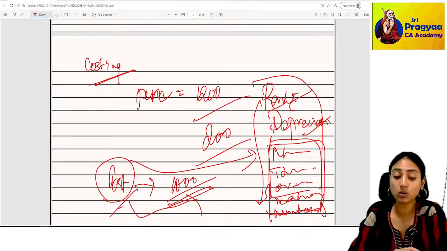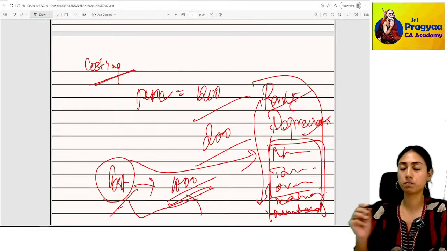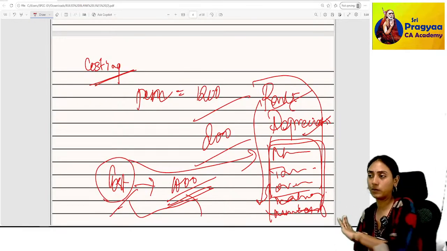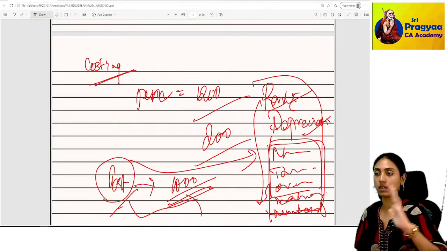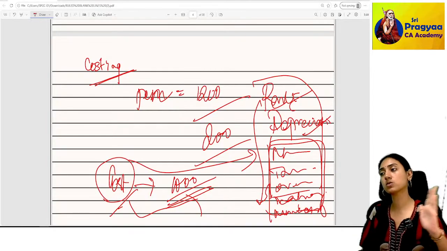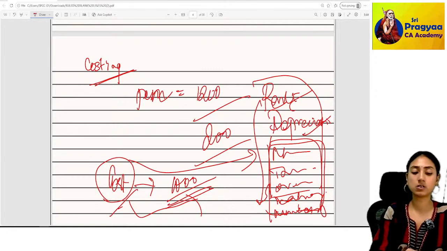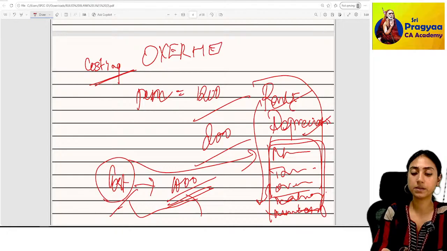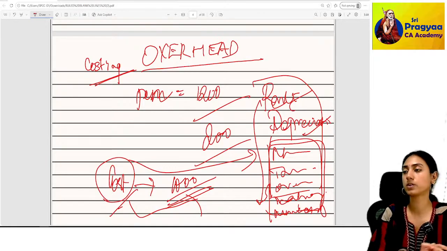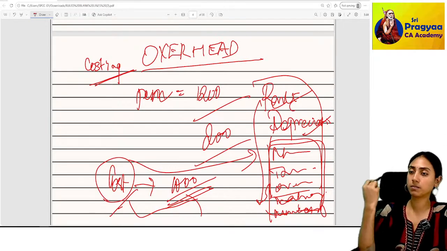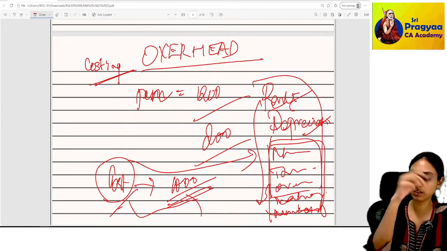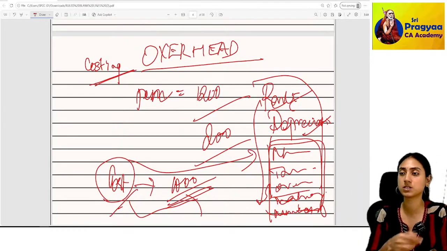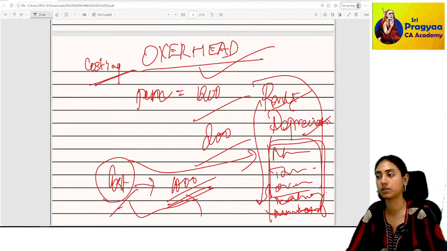You learn this in detail. You learn what is direct material, what is direct labor, what is overhead. I don't want to dive deep into this, but especially in your overhead chapters, equations will become an integral part, and only if you know the foundation of equations properly will you be able to solve the overhead chapter.